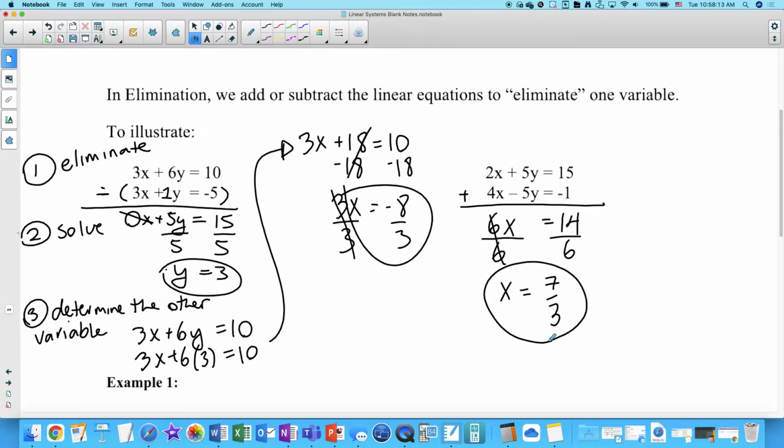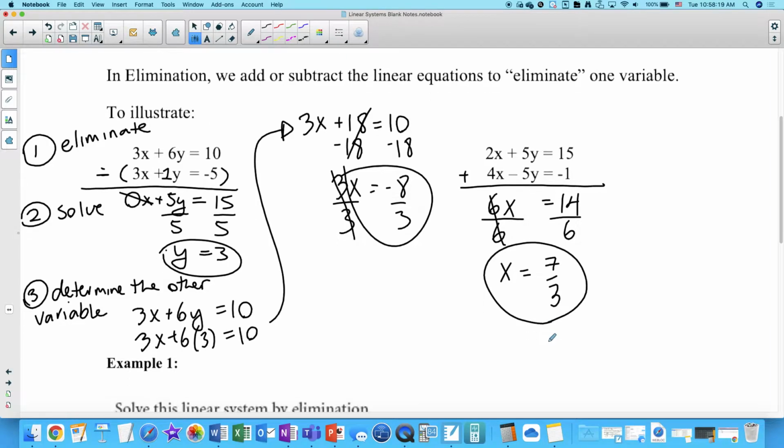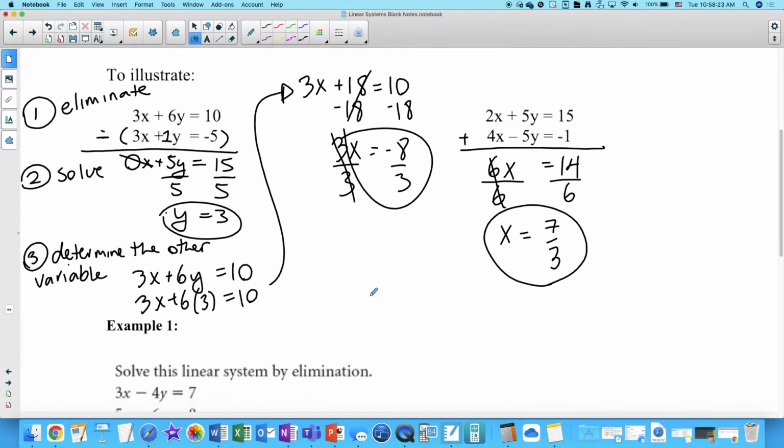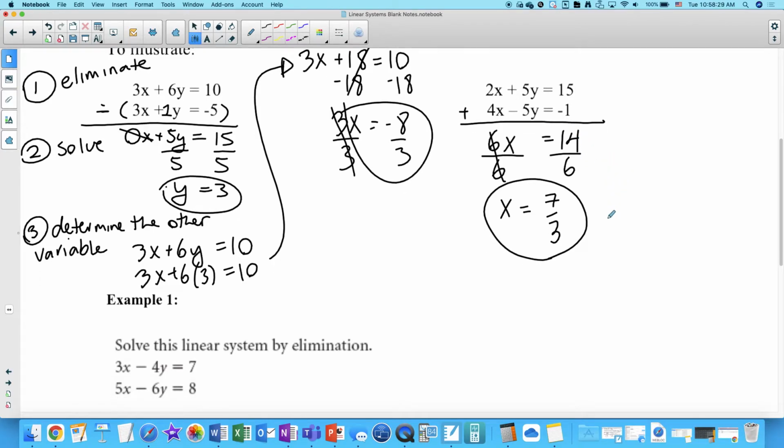Okay, now I have to go and find the other variable, and I can plug it into either equation. I'm just going to do, what did I do last time? I did the first equation last time, so maybe I'll do the second one this time. 4x minus 5y equals negative 1. So I'm going to use this equation and sub in 7 over 3 for x.